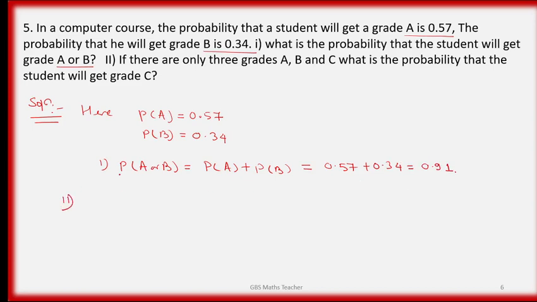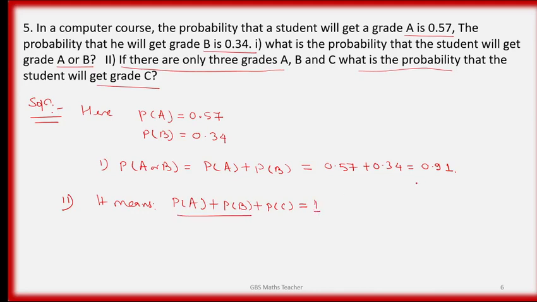And the second one: if there are only 3 grades A, B, C, what is the probability that the student gets grade C? Probability of obtaining A grade plus probability of obtaining B grade plus probability of obtaining C grade, the total probability will be 1.